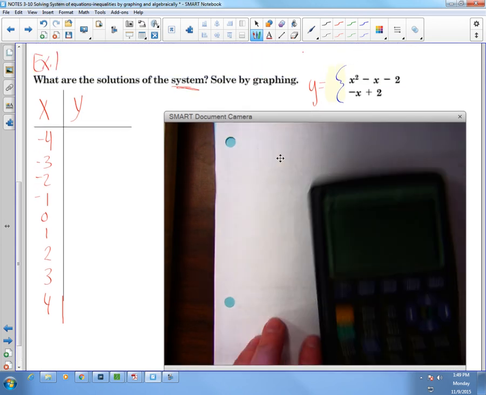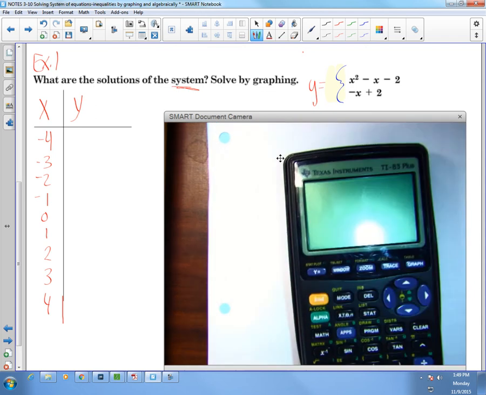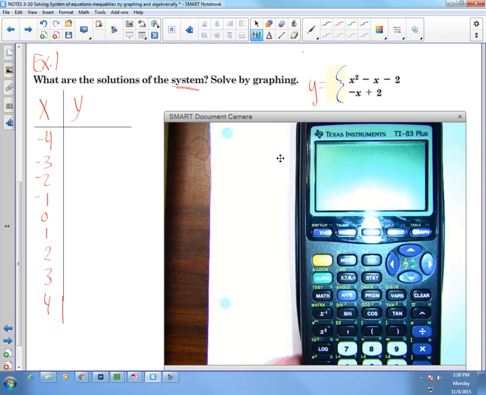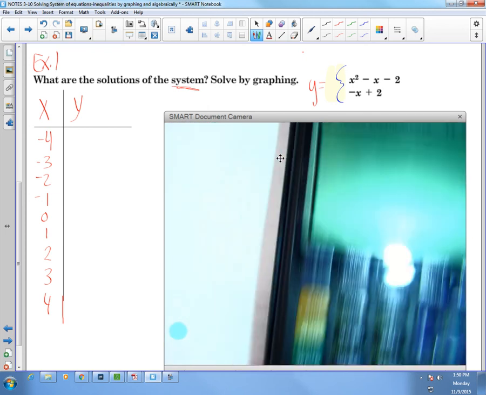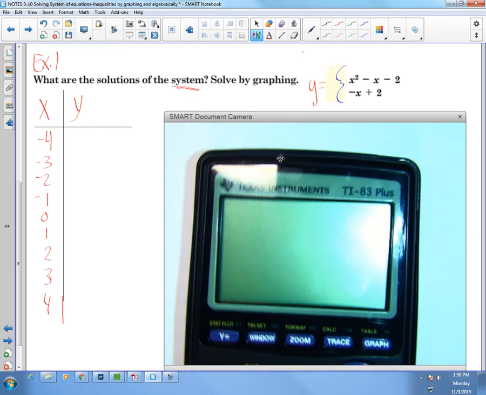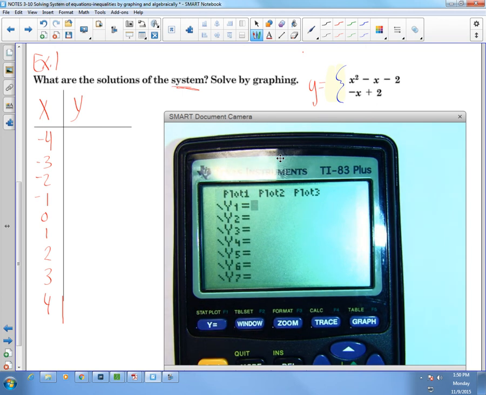Everyone have your calculator? So turn it on, and then we'll find the y equals button. Right here, top left button, push y equals. Is there anything in there? Clear it out, please.